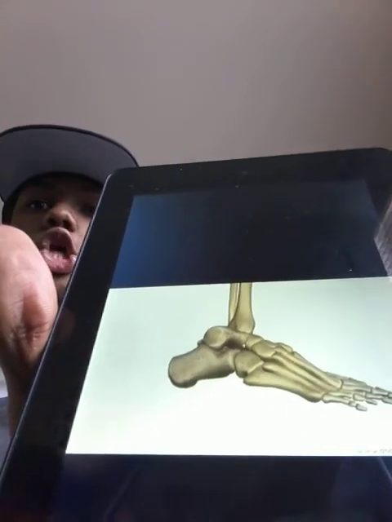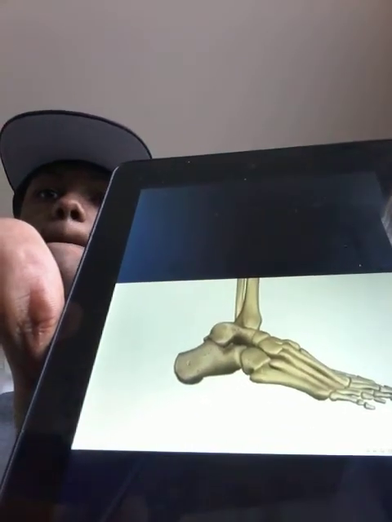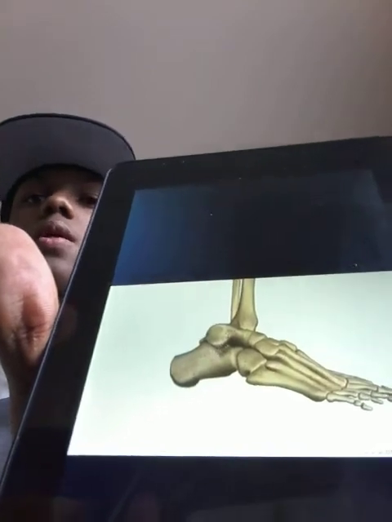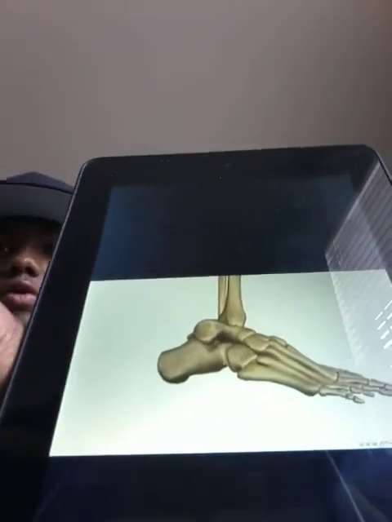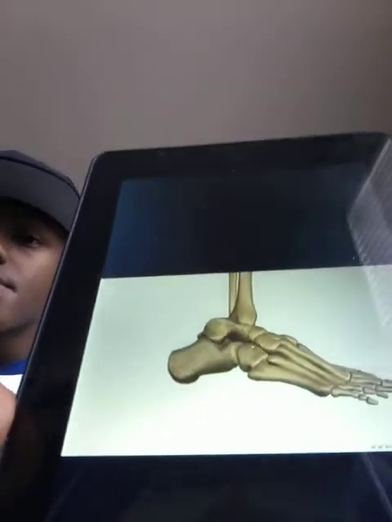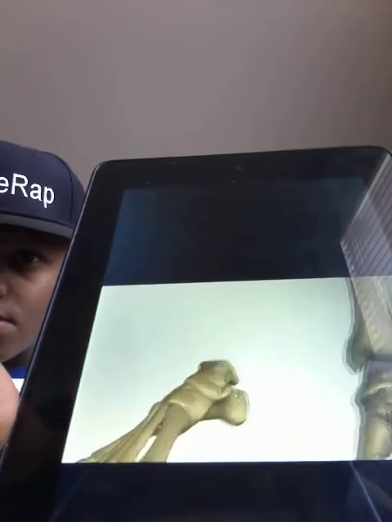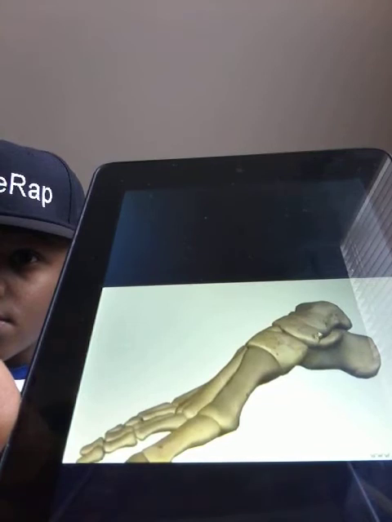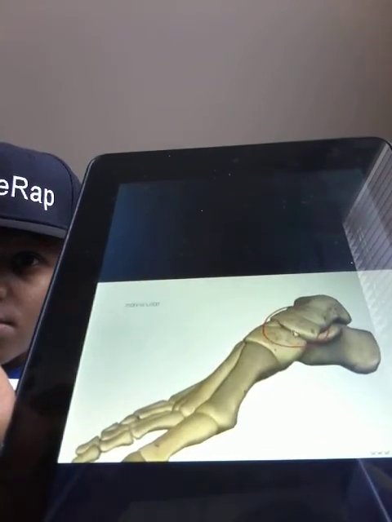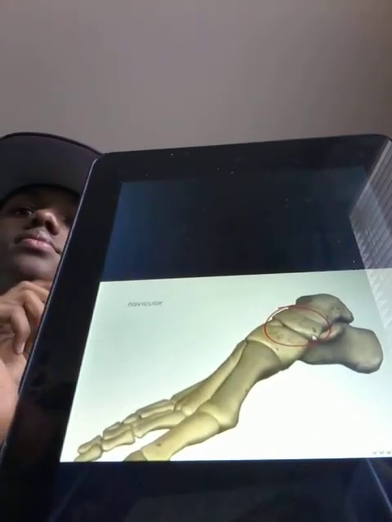So just looking back at the proximal bones, you've got the calcaneus, which articulates above with the talus, and anteriorly it articulates with the cuboid bone, and the talus bone articulates below with the calcaneus, and anteriorly it articulates with the navicular, the intermediate bone.